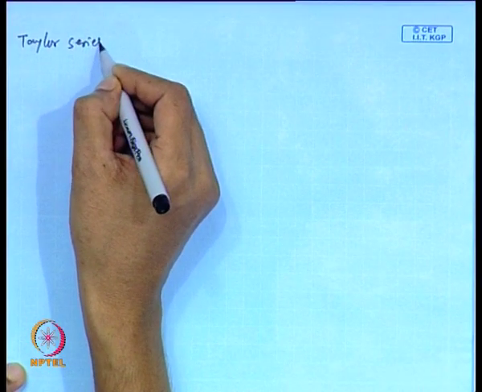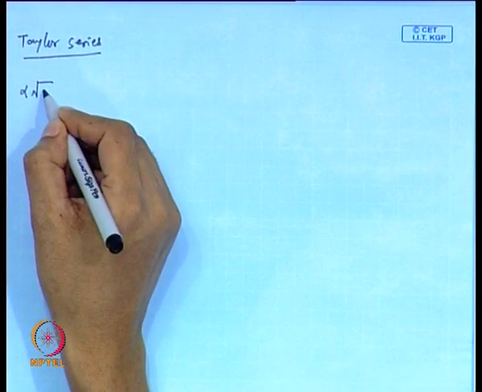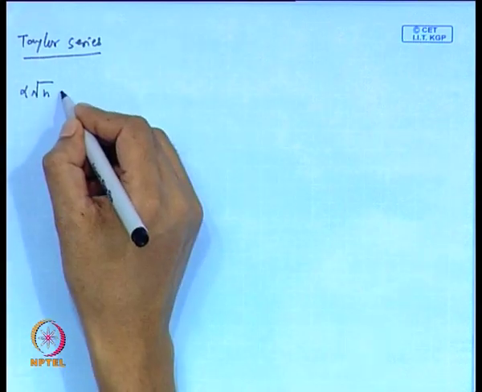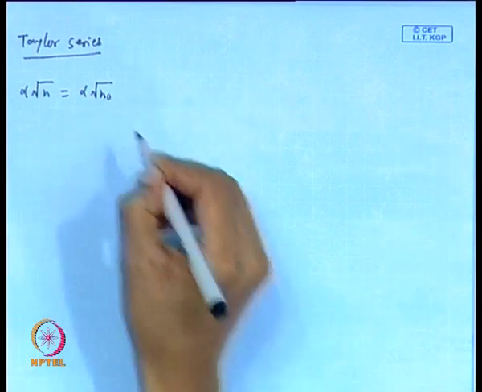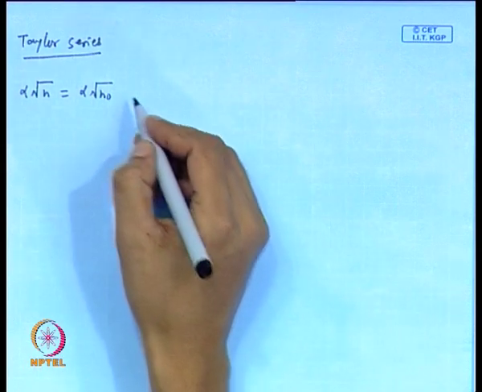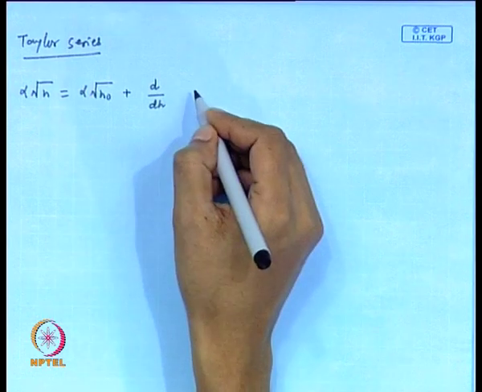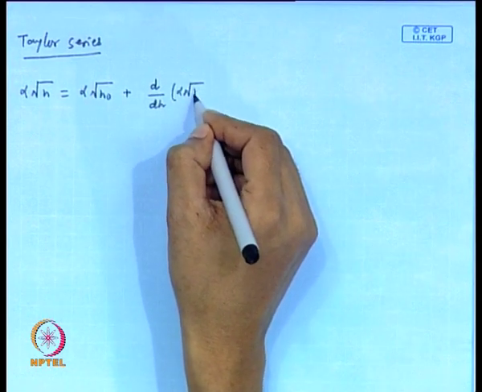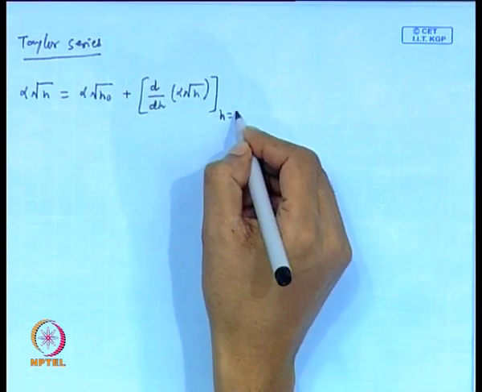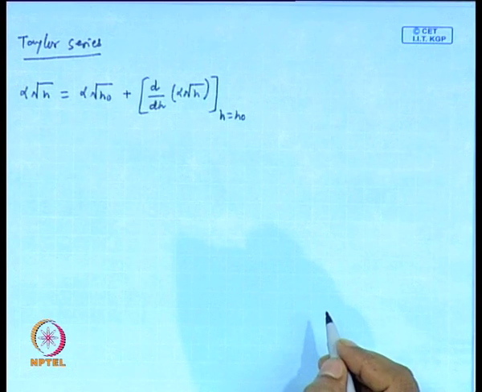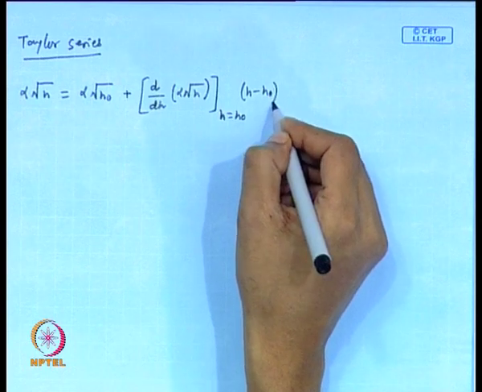So, according to Taylor series, alpha root H equals alpha root H naught plus the differentiation of alpha root H at point H naught, where H naught is the reference height, times (H minus H naught).